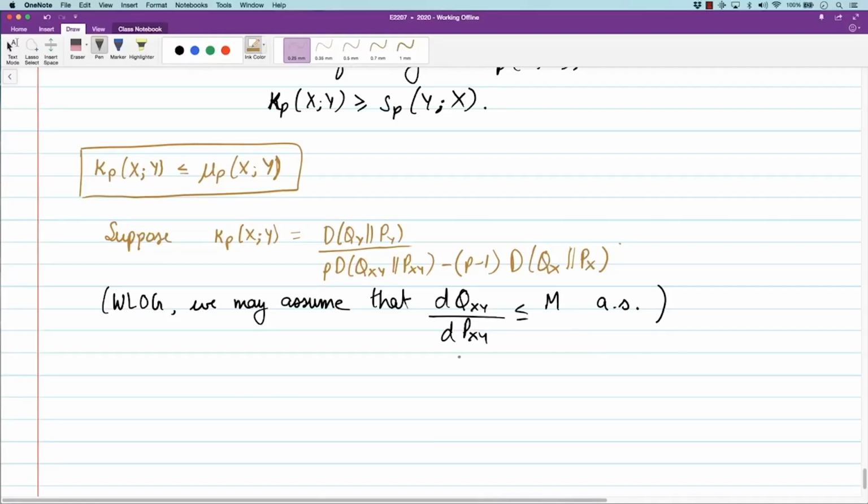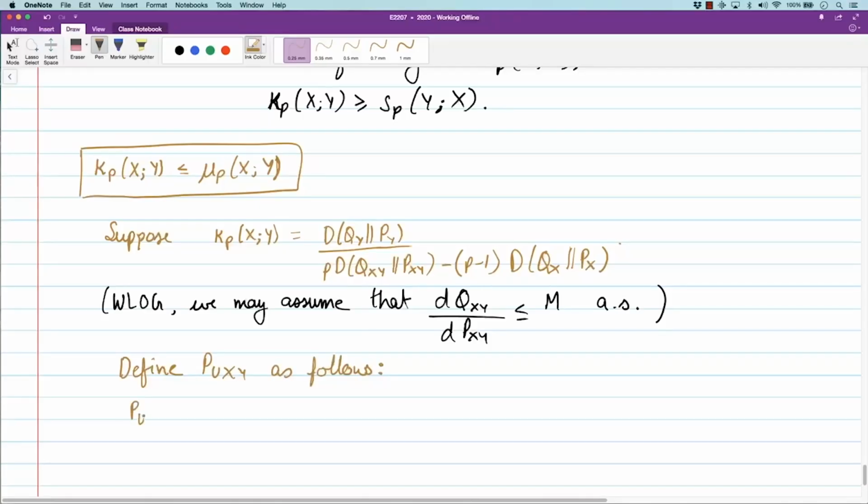So let's assume that. Now, with this assumption, we can define this distribution puxy, which needs to have the marginal of xy corresponding to pxy, as follows.